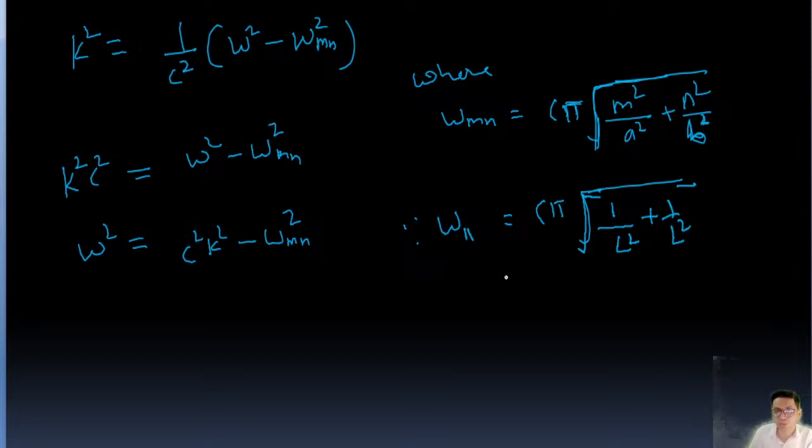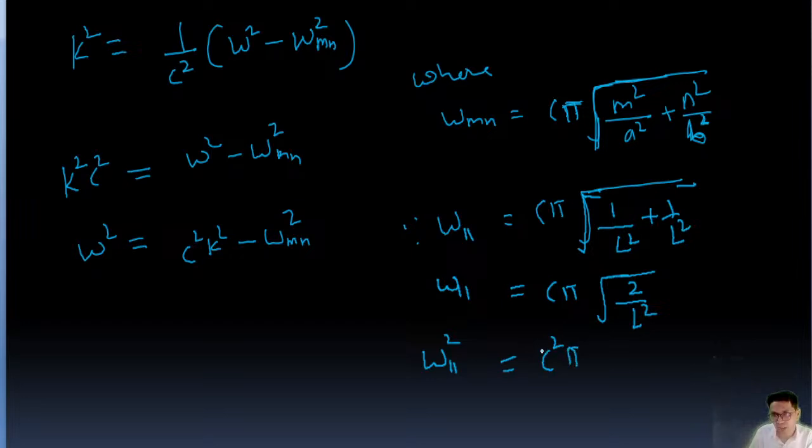So this value is going to be 2 upon L square. So omega 1 1 square is going to be c square pi square 2 upon L square. This is the omega 1 1 value, right?